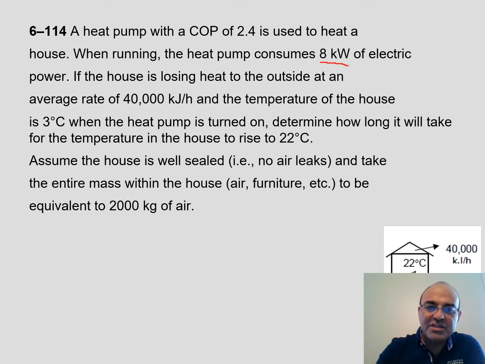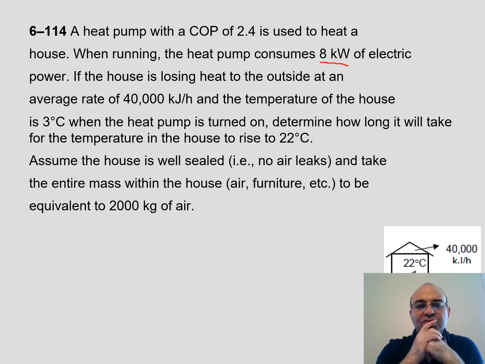If the house is losing heat to the outside at an average rate of 40,000 kilojoules per hour, so the house itself is losing heat to the surroundings, because even though the house is insulated, the insulation is not perfect. Still, heat can transfer through the walls, so we have some heat loss.